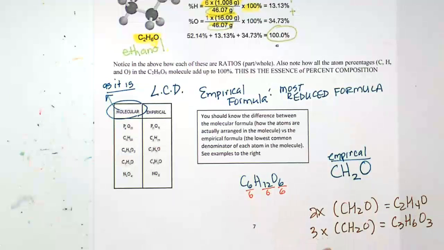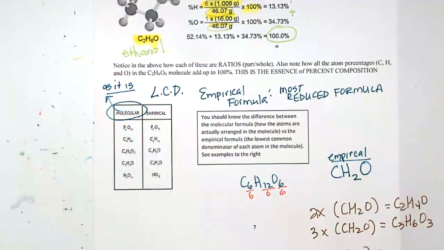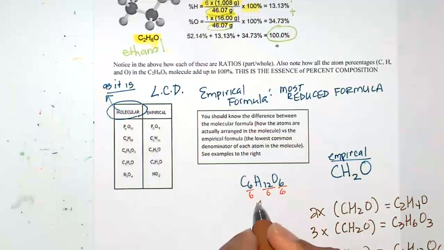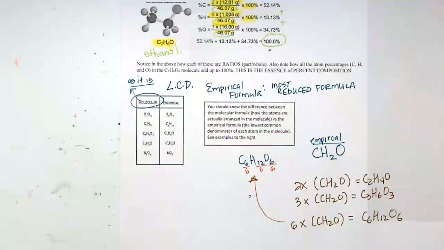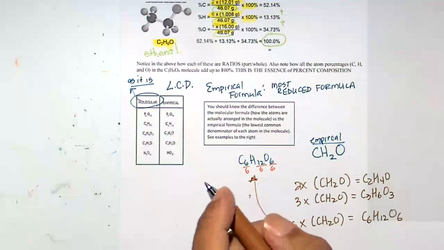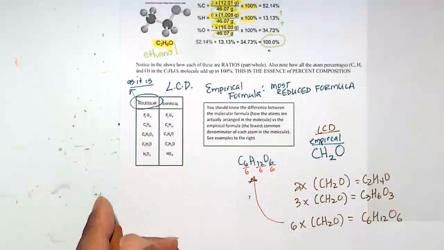We can multiply it by 4, by 5, yes, we can even multiply it by 6, and get back our glucose. It is glucose. So empirical is the lowest common denominator.